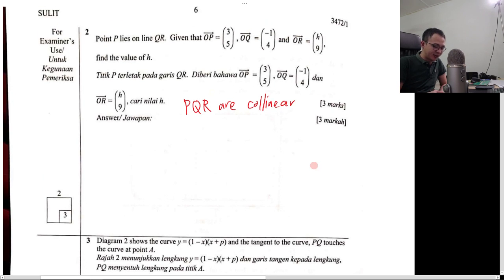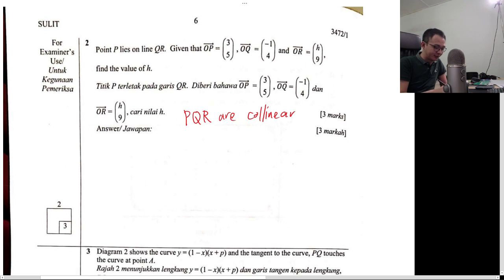If collinear, we can form PQ equals lambda QR, because they lie on the same straight line.